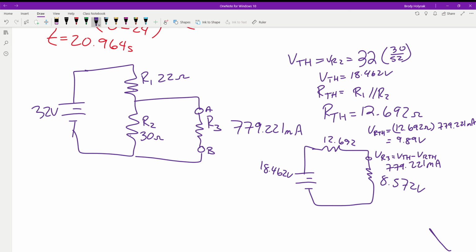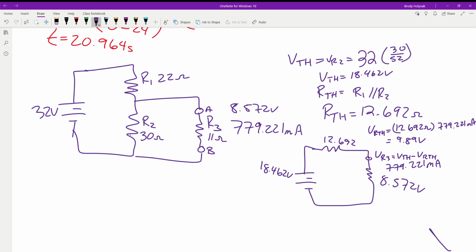So we come back to our original circuit, we plug everything back together, and now we know that we have 11 ohms of resistance here, and we have 8.572 volts across this guy. And so the things we want to solve for is the first one is we need to solve for the value of R3. Then we need to solve for the voltage drop across R1, the voltage drop across R2, and our total current.